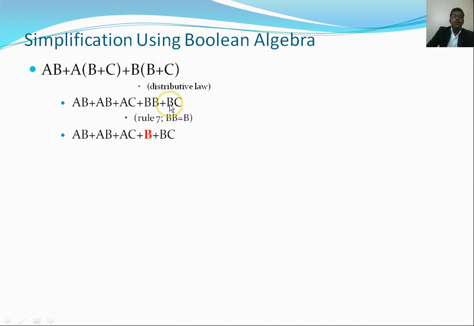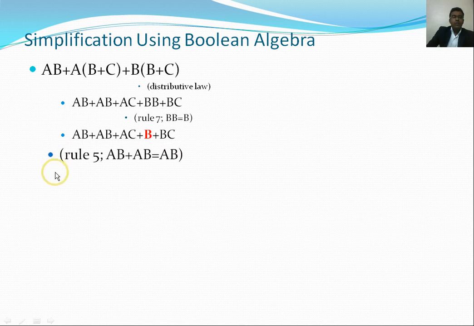From rule number 7, A ANDed with A gives A, and similarly B ANDed with B gives B. So that B is the output, and here we get the Boolean expression.